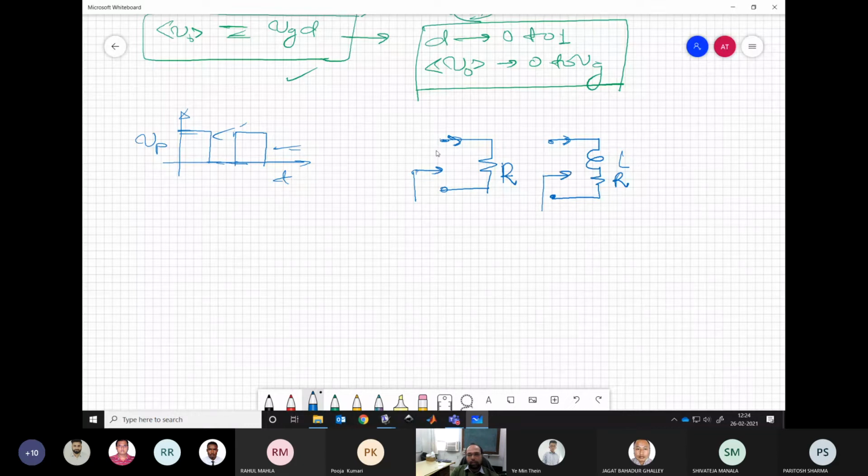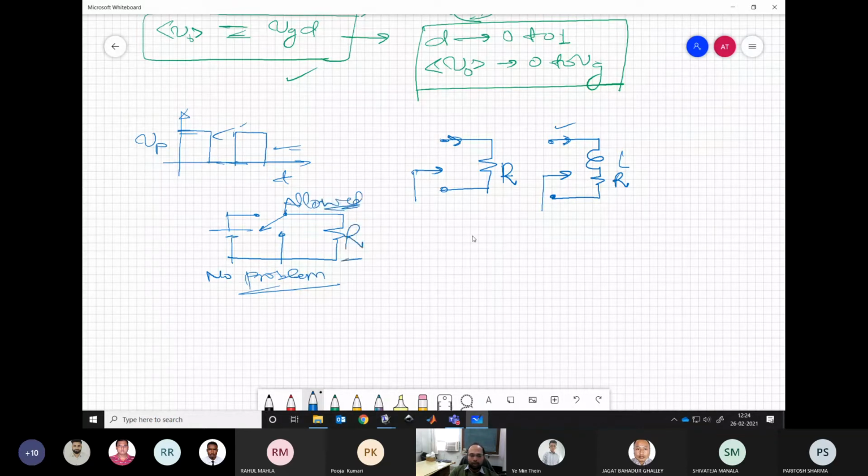For RL, it will be a little more smooth. There is no issue in that. So we can have this arrangement connected directly across a resistance. This is fully allowed for the resistance R or even for RL.